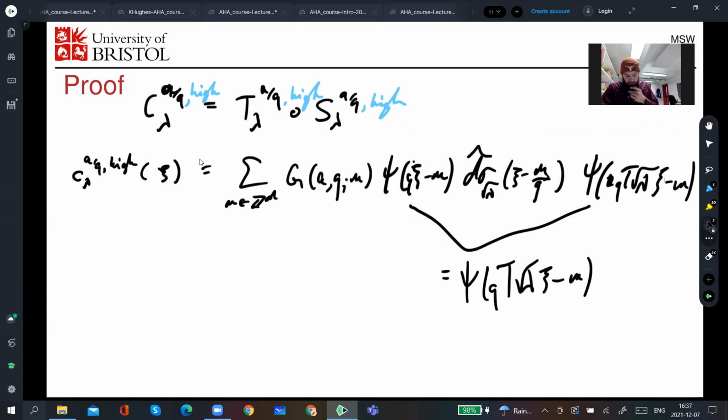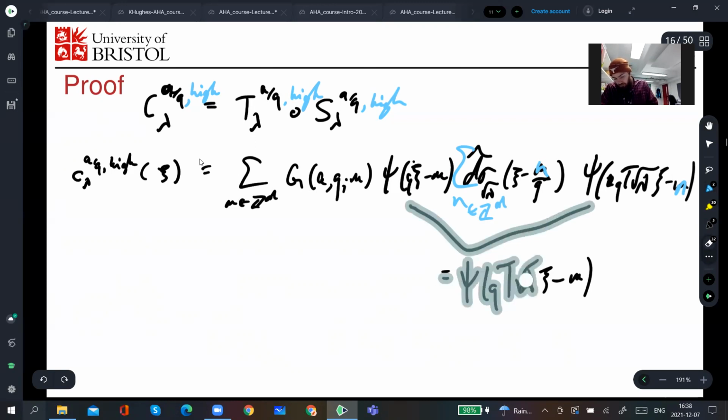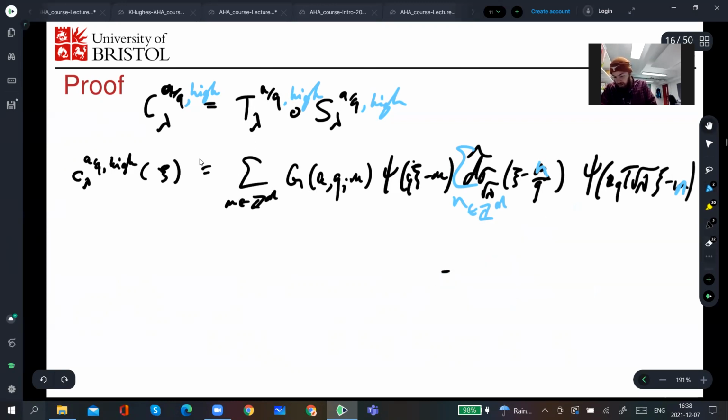So using that, I'm going to squeeze in another sum here. This is actually a sum over N in ZD. And why do we get to do that? Well, what happens if we multiply out this double sum now? I get a sum over M and N, both in ZD, and then times these terms and these terms.